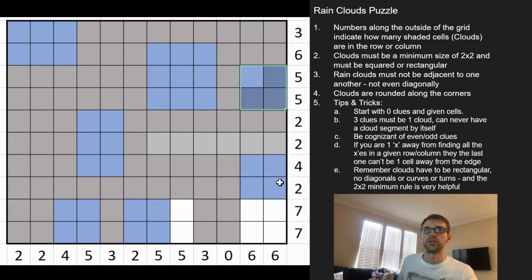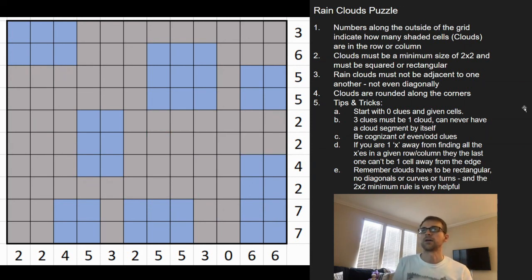We have 2 here, so we need 4 down here to solve these 6s. So those are glued in. And then these 7s mean that these last 2 are going to be blue, right? 2, 4, 6, we need 1 more. So there we go. Let's make that the same gray. We've solved it. That is how you do a rain clouds.